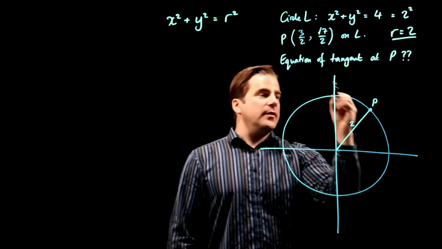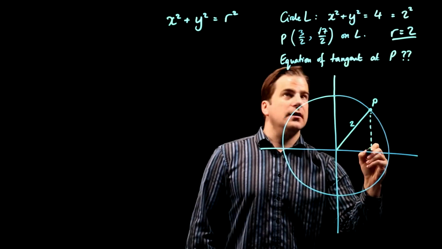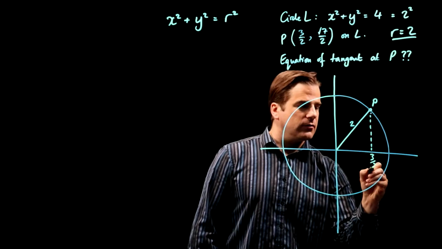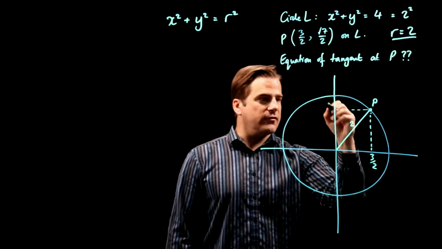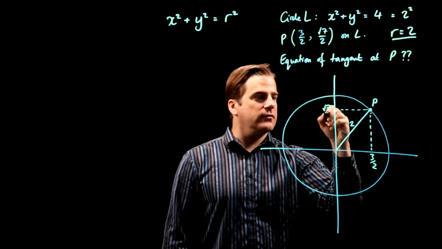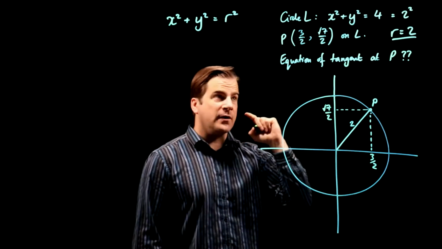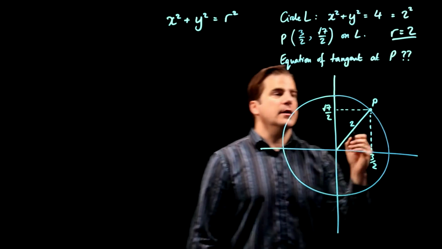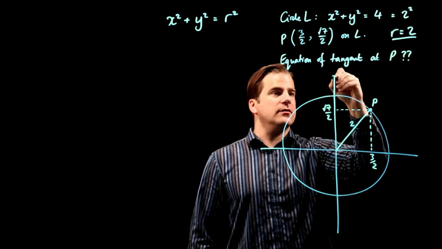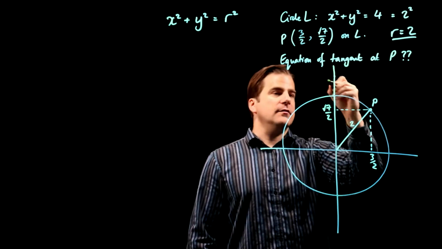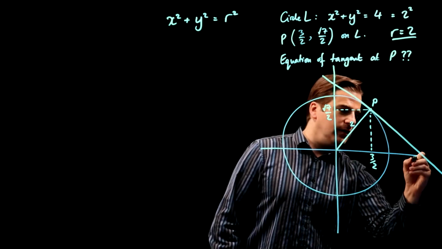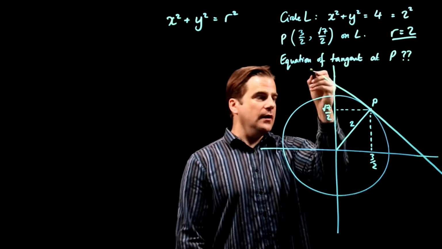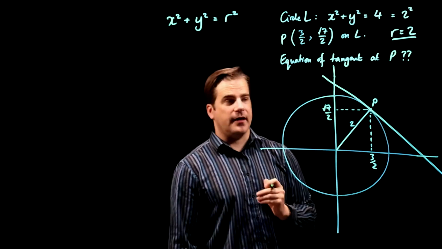The x-coordinate of P is 3 over 2. The y-coordinate of P is root 7 over 2. Now the tangent at P is going to look something like that, and we have to find the equation of that line there.